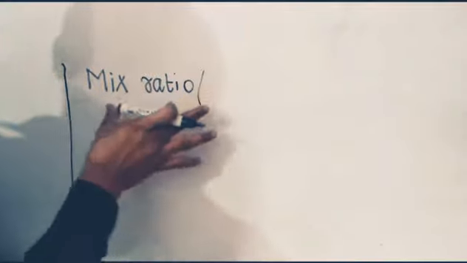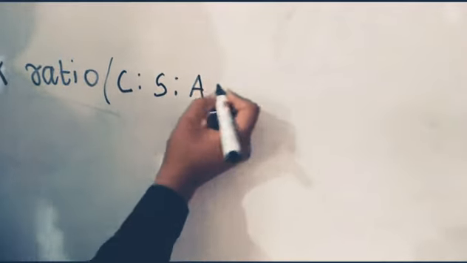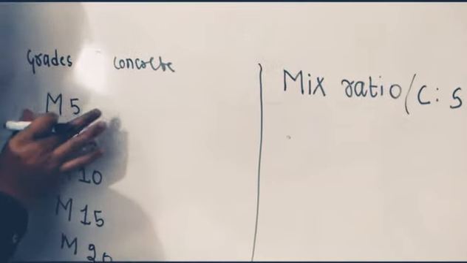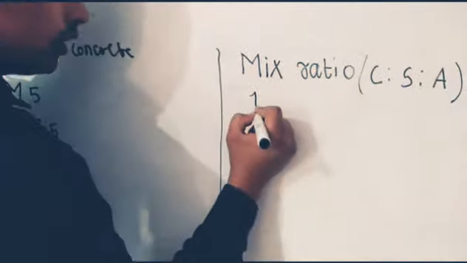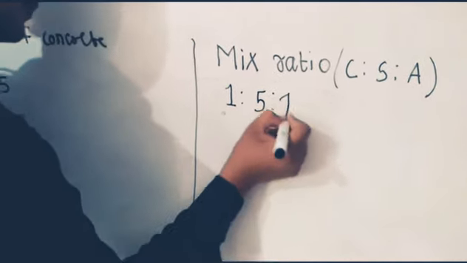Mix ratio. The mix ratio is the ratio of cement required, sand required, and aggregate required for different grades of concrete. The mix ratio of M5 is 1:5:10.